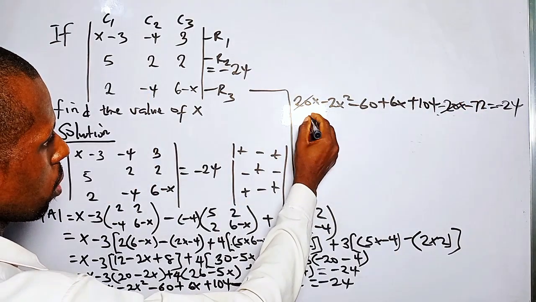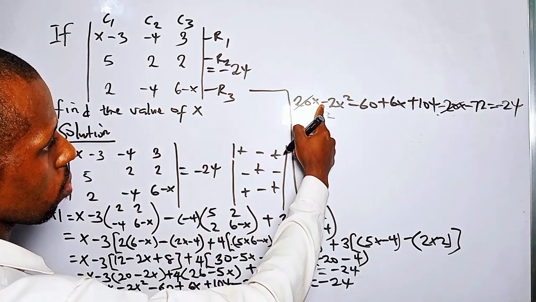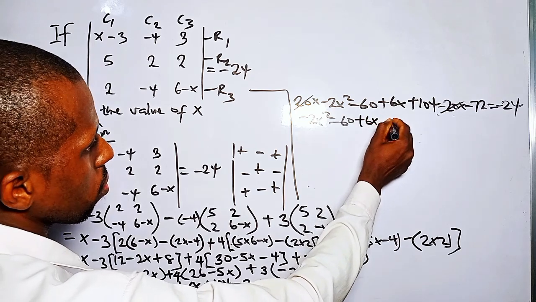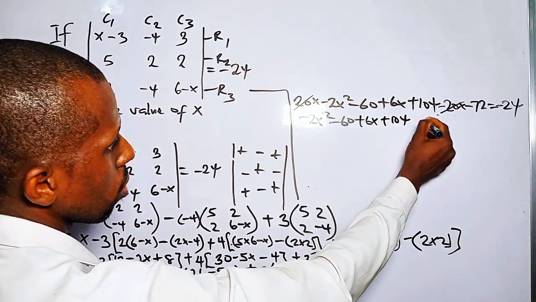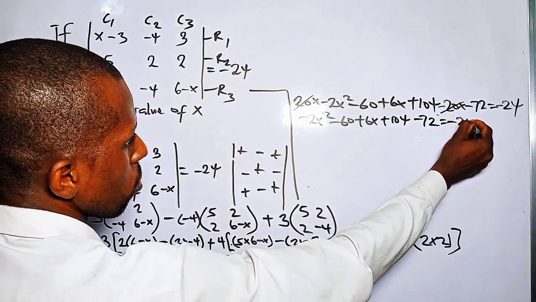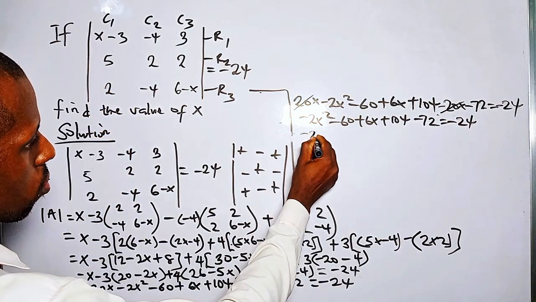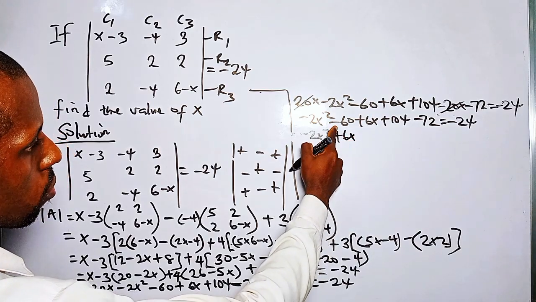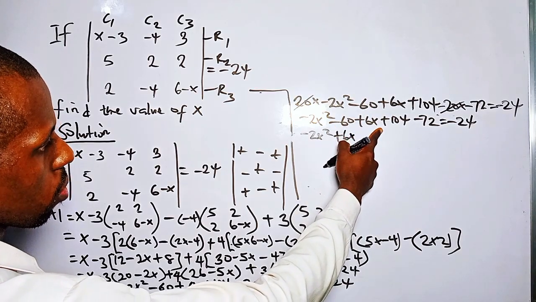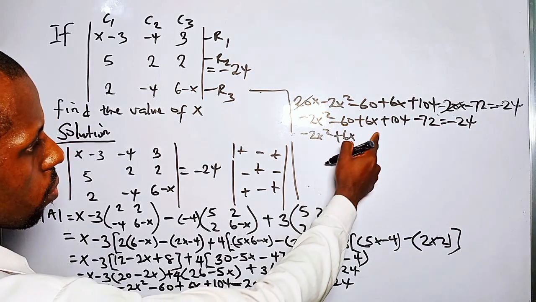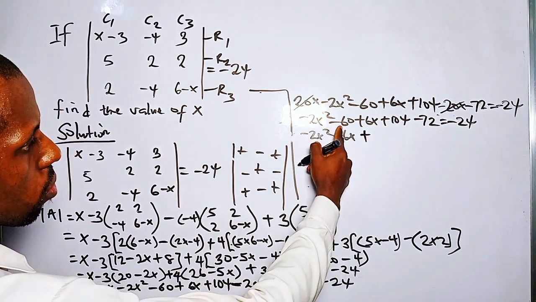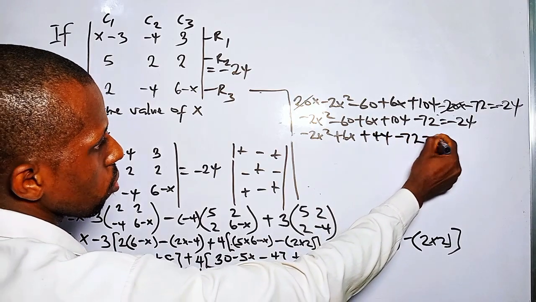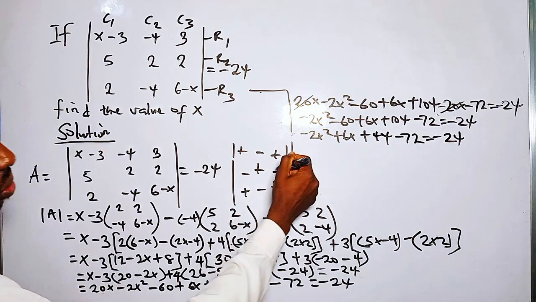So we have minus 2x squared plus 6x, and for minus 60 plus 104 we have plus 44, then minus 72 equals minus 24.